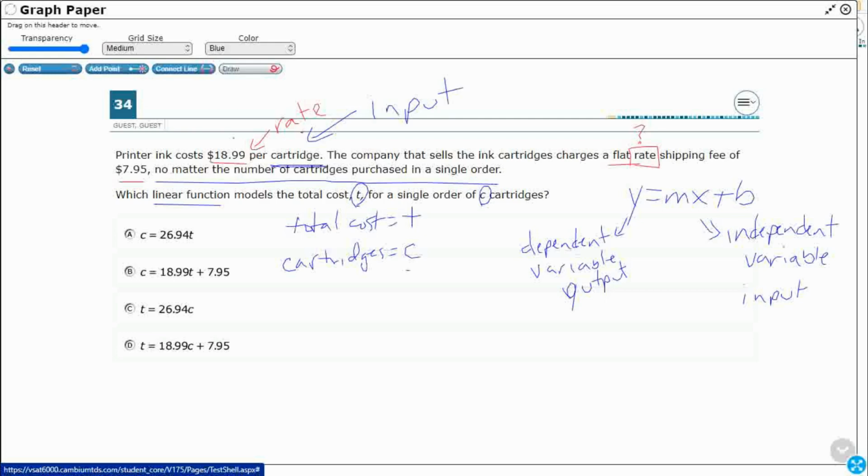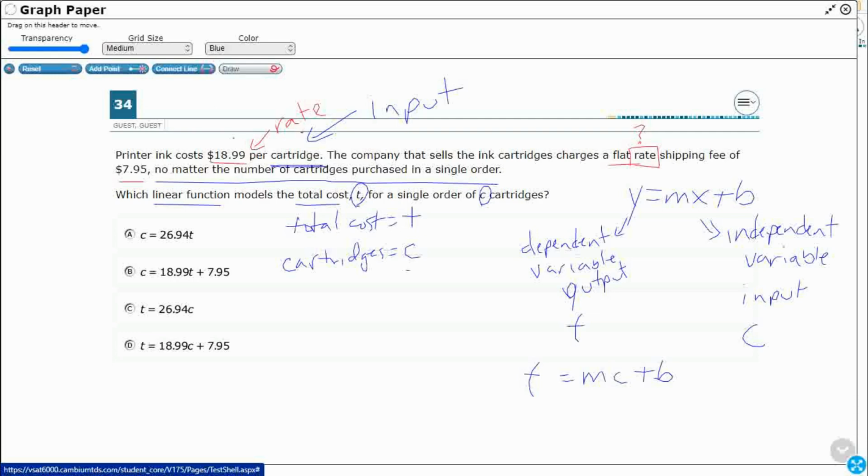Okay, so I need to make this x right here c. And then we've got the flat fee, and then I'm looking for the total cost. That's my output. Okay, so this y value is going to be my t. Okay, so we can rewrite it as t equals mc plus b.